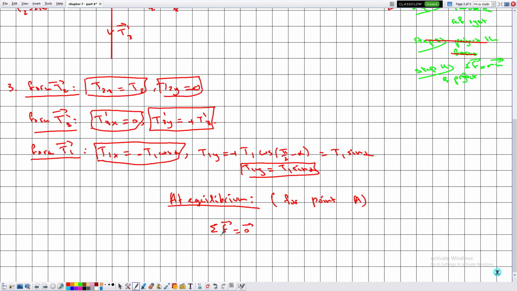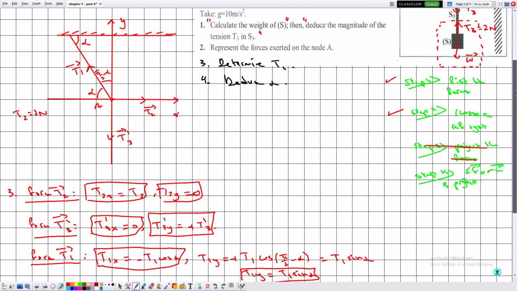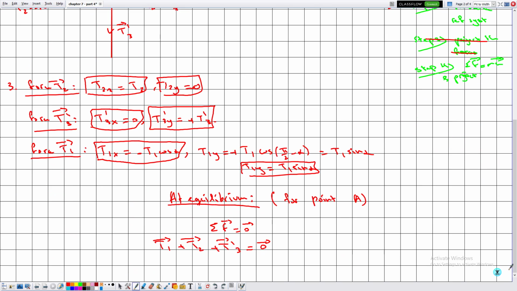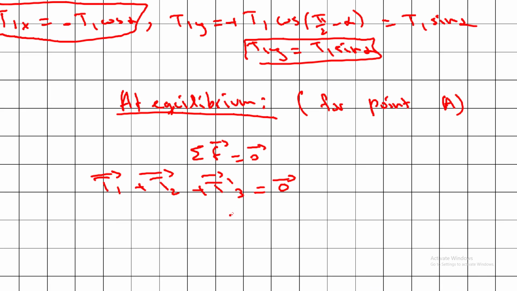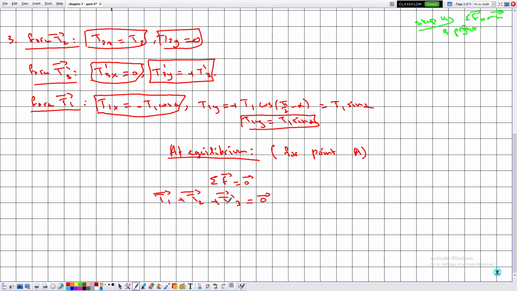On the left hand side, we'll write the different vectors that are acting on A, and they are given by T1 plus T2 plus T prime 3, and on the right hand side we write the 0 vector corresponding to the condition of equilibrium. Now let's project these forces. This is a vectorial equation consisting of 3 vectors, so we cannot deal with it as we deal with the equation consisting of 2 vectors. So we need to project along the x-axis and along the y-axis.